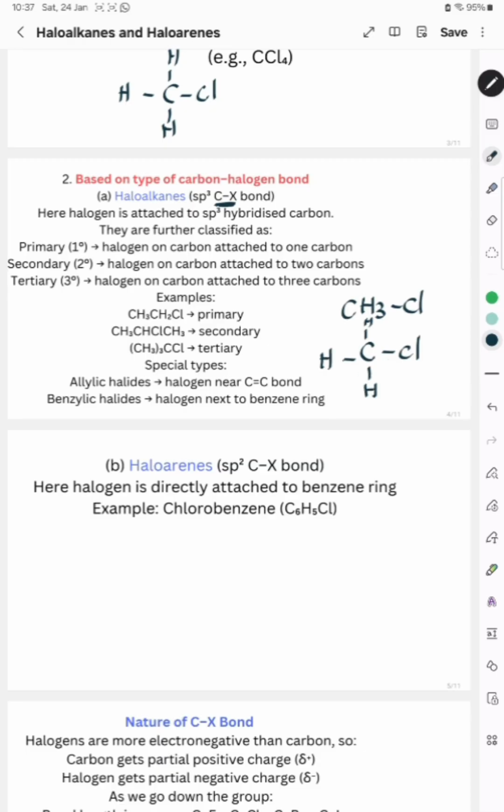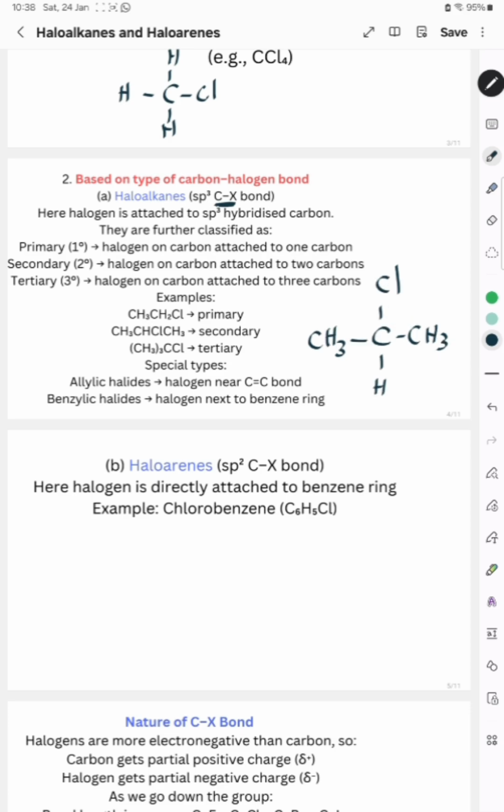So this is called haloalkane. Here, when we take a primary carbon, it comes under the primary category like CH3CH2Cl. Here it is primary.